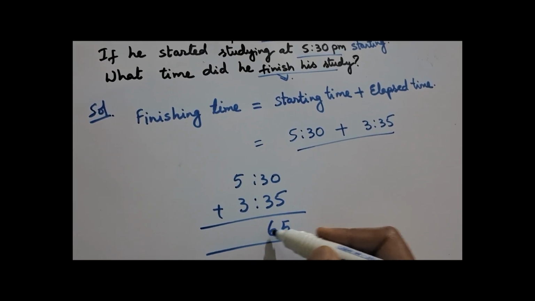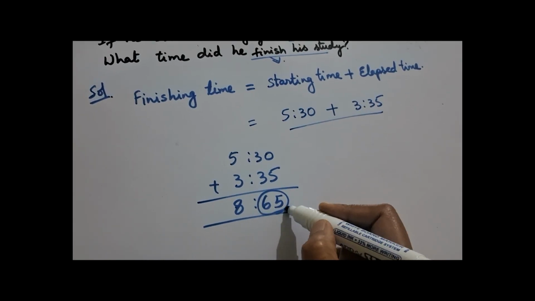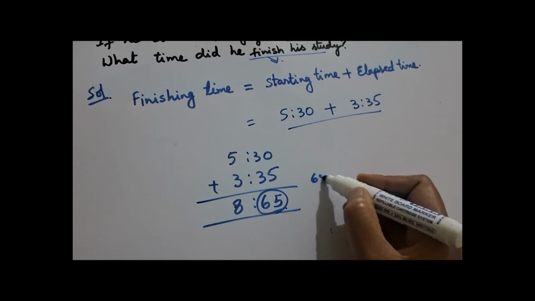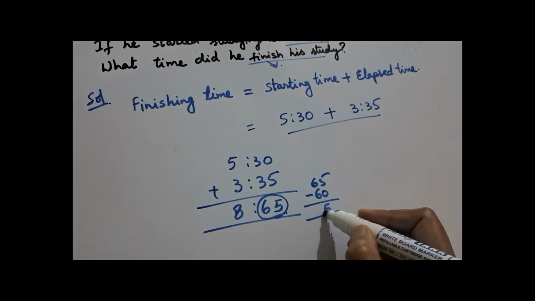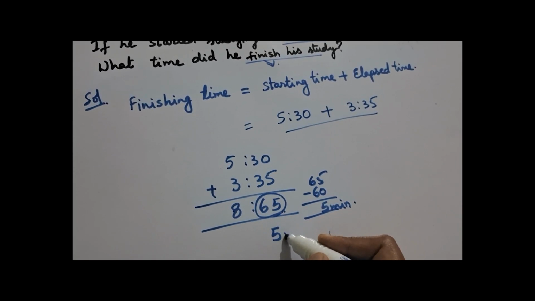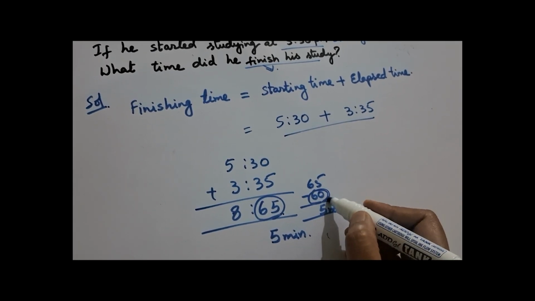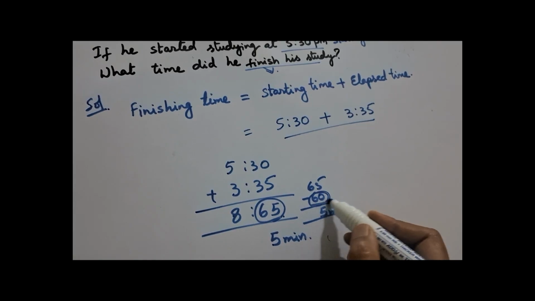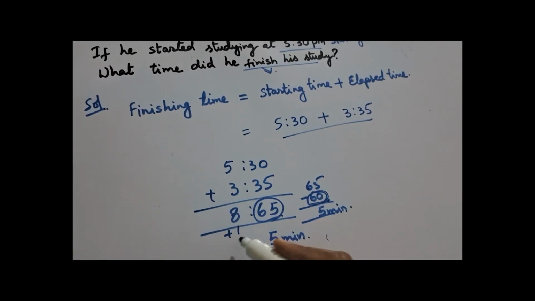5, this is 6, this is 8. Now this is more than 60, isn't it? So 65 minus 60, 1 hour if you remove, we will get 5 minutes only here, right? So this will be 5 minutes, and this 60 minutes we are sending to hours. 60 minutes is 1 hour, isn't it? So plus 1 in the hours you have to add.